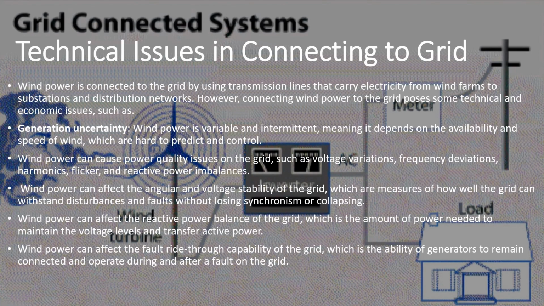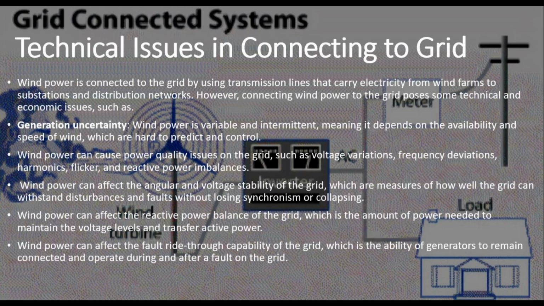Wind power is variable and intermittent, meaning it depends on the availability and speed of wind, which are hard to predict and control. Wind power can cause power quality issues on the grid, such as voltage variations, frequency deviations, harmonics, flicker, and reactive power imbalances.